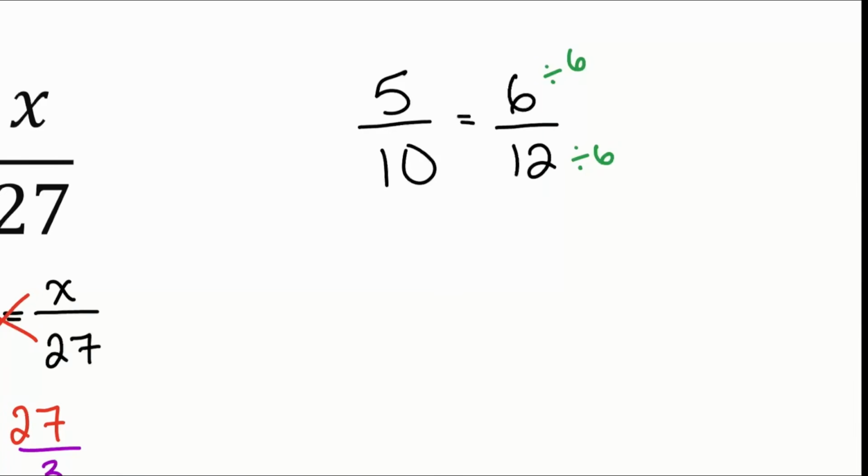And once you do that, watch this. 6 is half of 12, but when you do 6 divided by 6, that's 1. 12 divided by 6, that's 2. Everybody, is 1 half of 2? Yeah. These are all the same value. 5 over 10, take your calculator out. That's 0.5, that's half. 6 divided by 12, do that in your calculator. That's 0.5 again. 1 over 2, that's 0.5, that is half.